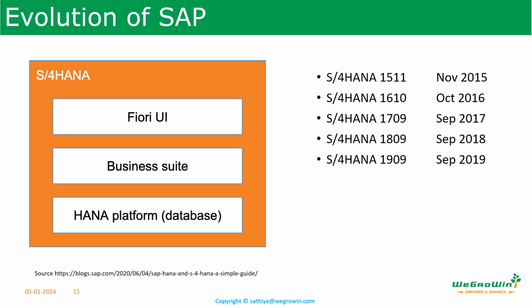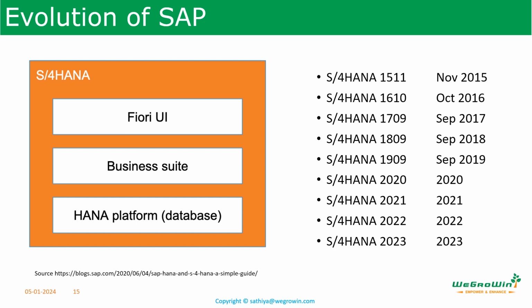S4 HANA 1709 was released in 2017 and so on. In 2020, a new nomenclature was introduced where the information about the month is not added in the name of the release. For example, the latest S4 HANA release is called S4 HANA 2020. The one released in 21 was called S4 HANA 2021, and then 2022, then 2023, like that.